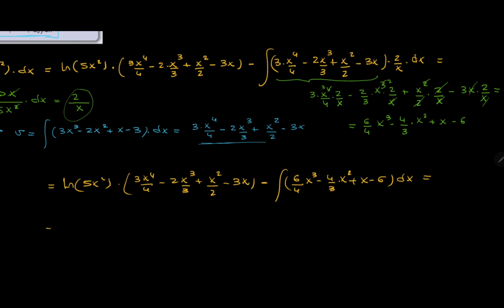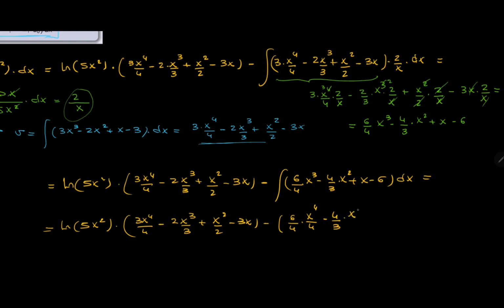And now the final result is Neperian logarithm of 5x squared times, and I copy the polynomial expression that makes the v, and I integrate straightforward, and I get minus, in parentheses, 6 fourths x fourth divided by 4 minus 4 thirds x cubed divided by 3 plus x squared halves minus 6x, and plus 6, and that's the final result.